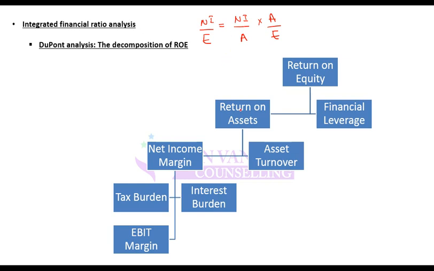This is return on asset. And this is financial leverage. So it can be broken down into two components. If return on equity is changing, either it is due to return on asset or due to financial leverage. Maybe you have taken more debt and so return on equity has increased, or maybe your return has increased on overall assets.